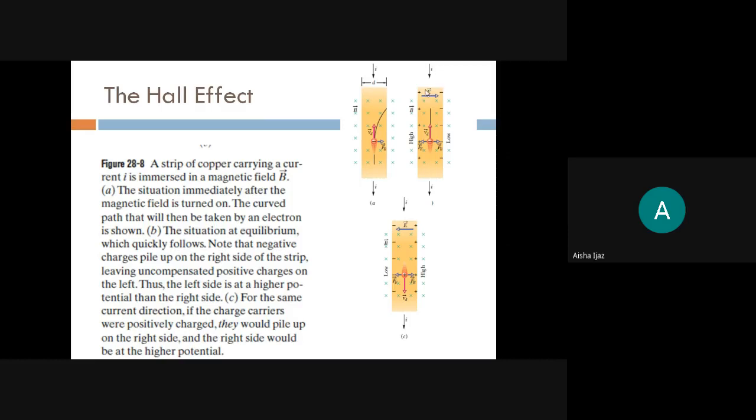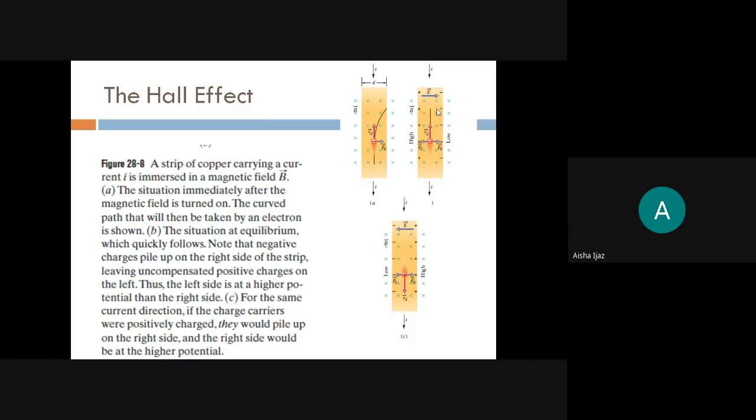This is the equilibrium condition from where the electric field comes. It is due to the charge imbalance, because due to the magnetic force F_B, electrons move towards the right, creating a deficiency on the left side. So this side is positive, this is negative. Now they are not movable charges, they are static charges.